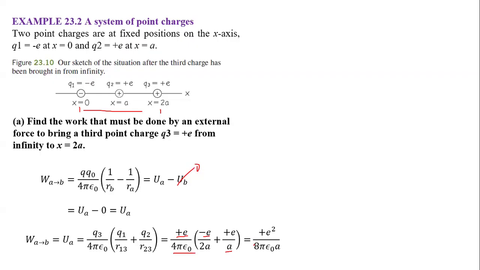And then we have 8, then this one is e squared over 4 pi times a. If you factor out e over a, we are left with negative 1/2 plus 1, which when we add is just equal to 1/2.